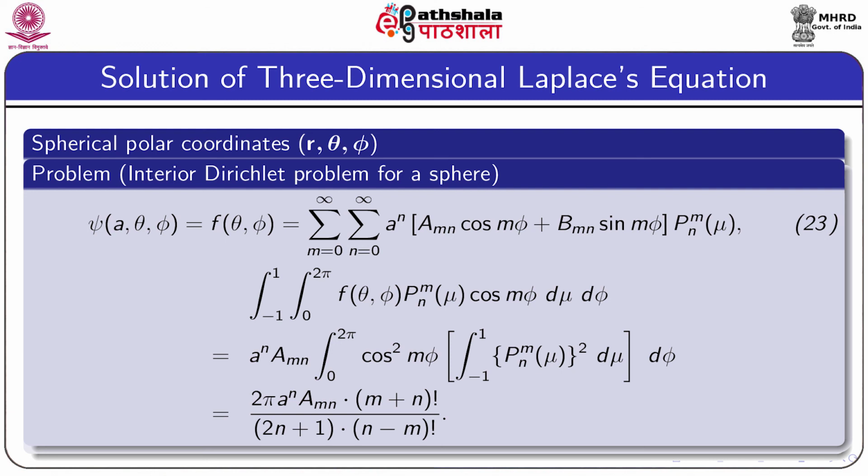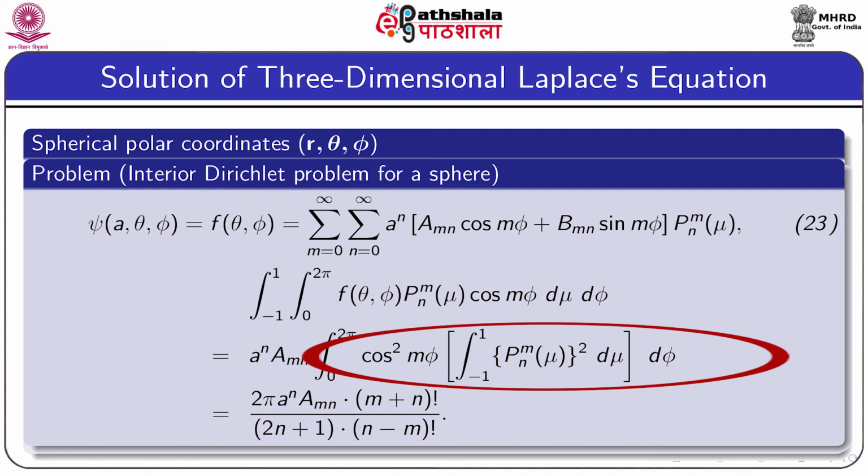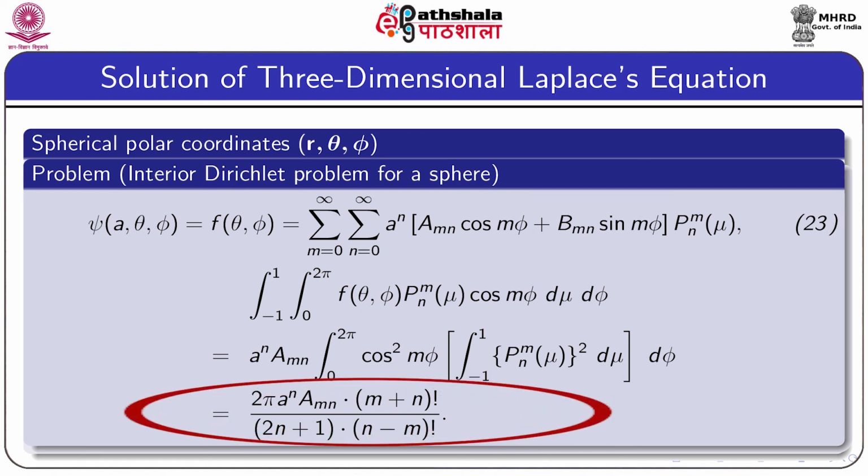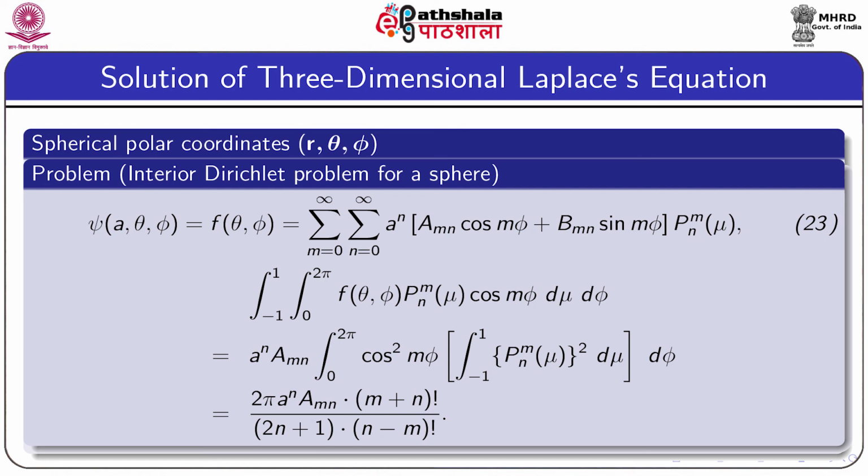So, using those properties we can obtain the values of A m n. This is the expression. So, we get the integral from minus 1 to 1, 0 to 2 pi of f P n m mu cos m phi d mu d phi equal to 2 pi a to the power n A m n times (n plus m) factorial divided by (2n plus 1)(n minus m) factorial. So, from this equation we can obtain the value of A m n easily.